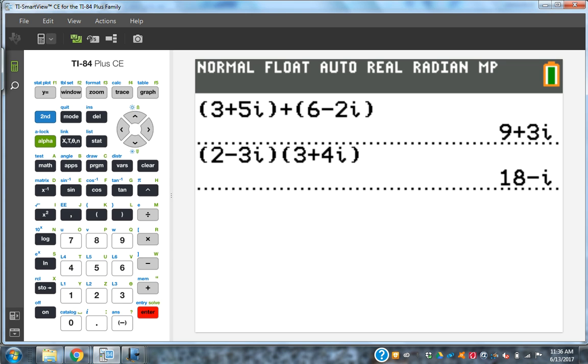And there we have that answer. So the multiplication I usually do use the calculator for, especially if it's a straight question about just multiplying two complex numbers together. It is definitely something you can do really easily. Okay.